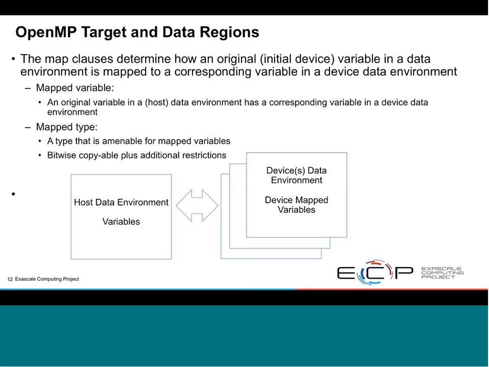These variables are meant to be synchronized with each other throughout the execution of the program between the host and the device. There are different directives to do that, to either allocate them as well as copy the values to or from the device.